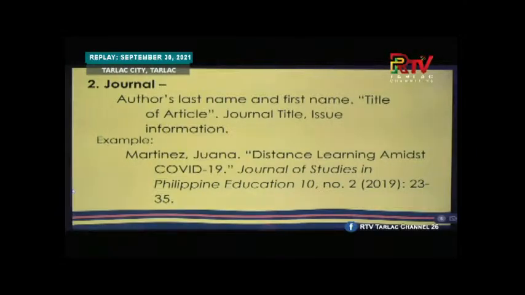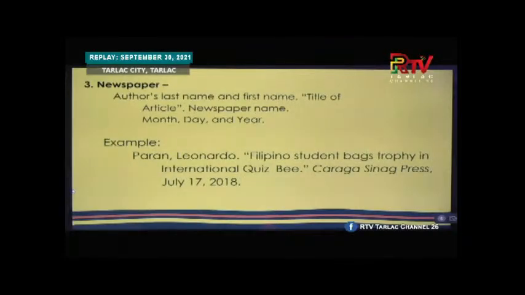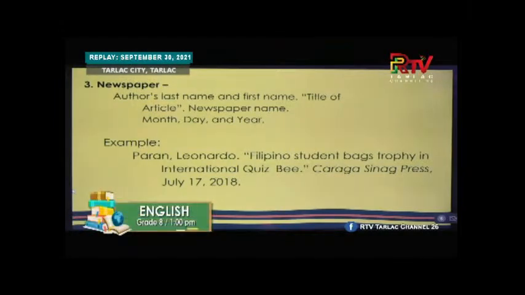Now, we will go to the next one, which is newspaper. You have the author's last name, Paraan Leonardo. The name of the news is Filipino Students Bags Trophy in International Quiz Bee. The name of the newspaper, Caraga Sinag Press, and the date, July 17, 2018.